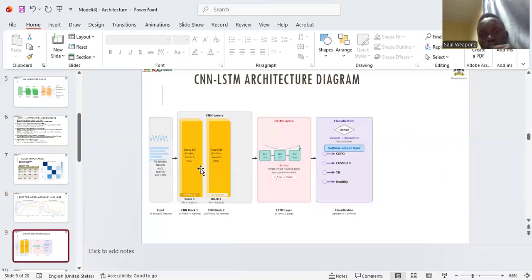I'll go to the CNN-LSTM architecture diagram. In the CNN-LSTM architecture, the LSTM is built on top. We are just adding the LSTM layer, the long short term memory, on top of the CNN. It also does feature extraction and takes in the statistical features.